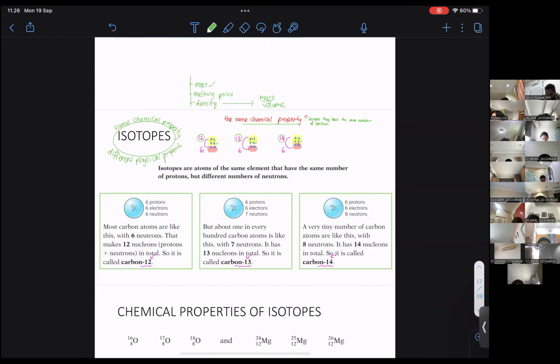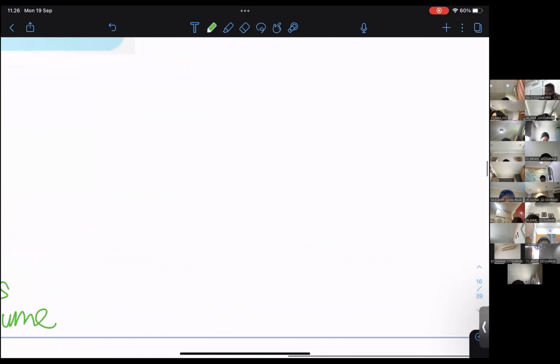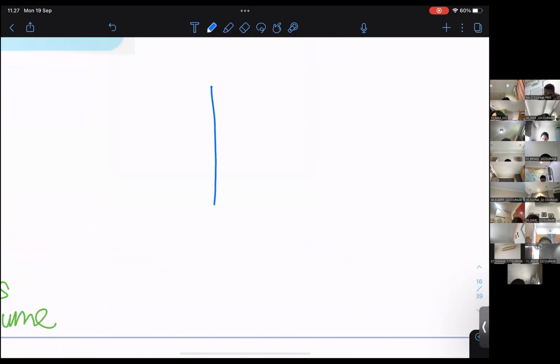So please remember this. What you need to remember about isotope? Quite simple. What is isotope? Isotope is any element that has the same proton number but different number of neutrons.